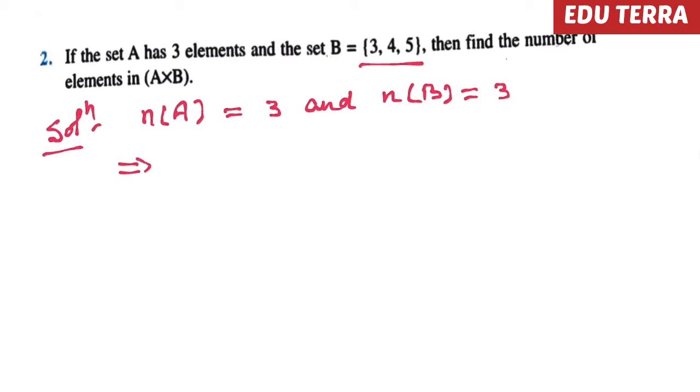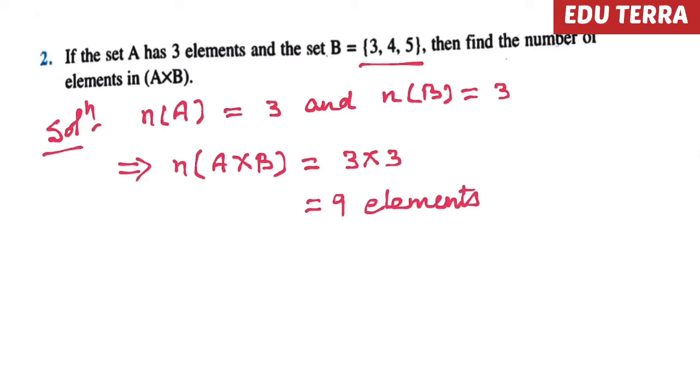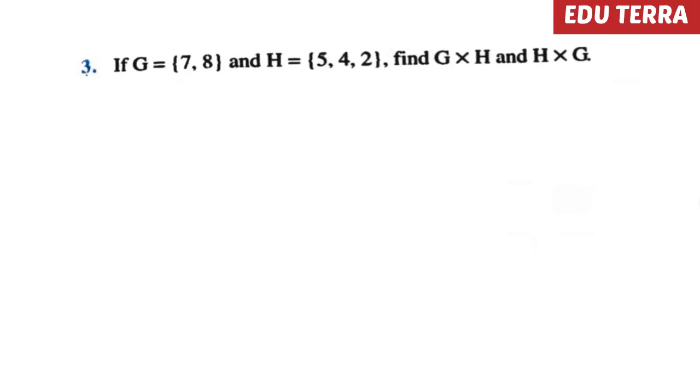So n(A cross B) equals 3 cross 3, so 3 3s are 9. So there are 9 elements in A cross B. It is our answer.